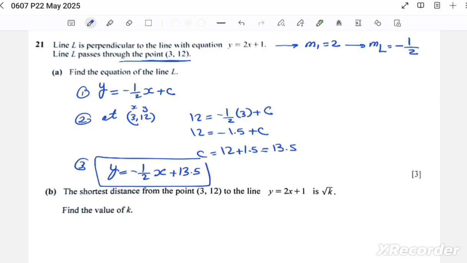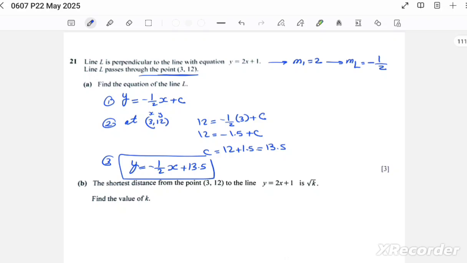Okay, next part. The shortest distance from the point (3, 12) to the line y equals 2x plus 1 is the square root of k. Find the value of k. So now we should think about, okay, a sketch to make it easier.